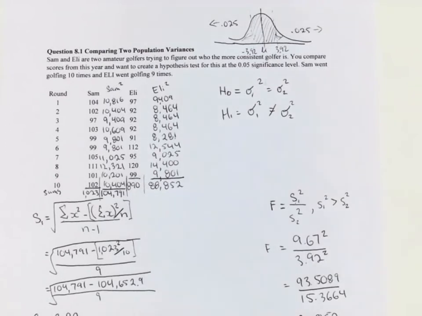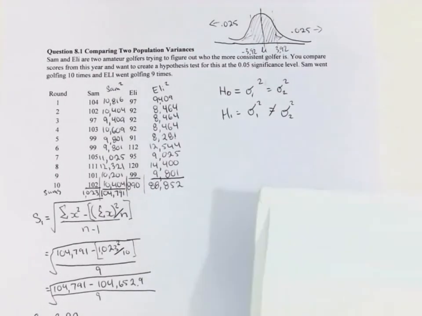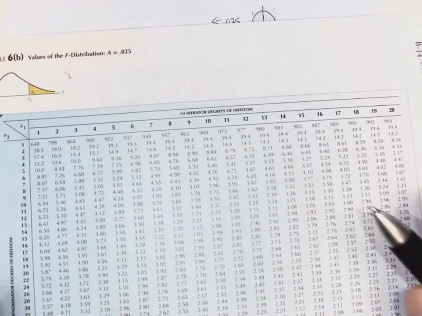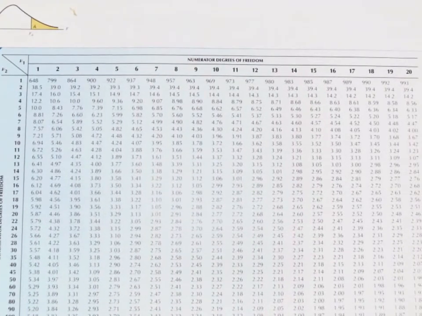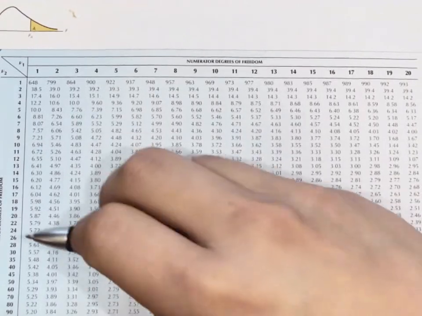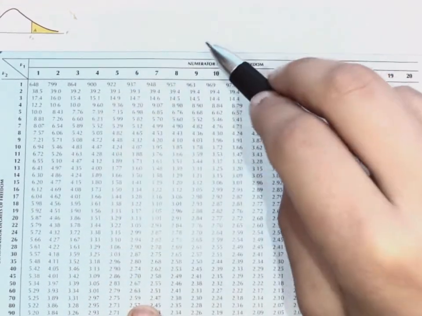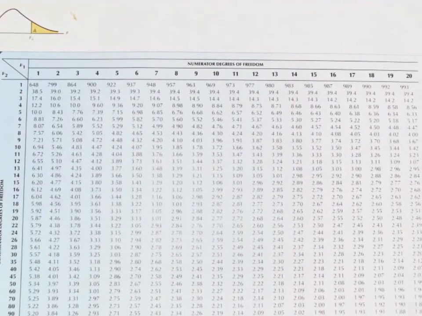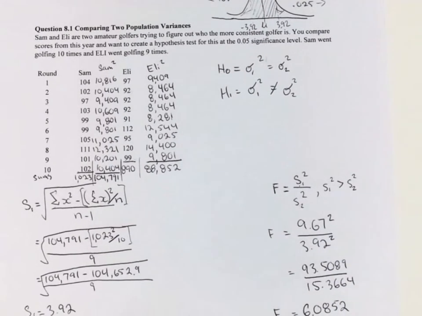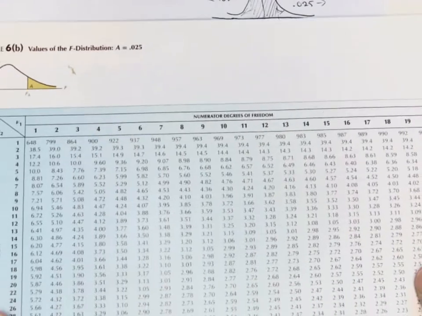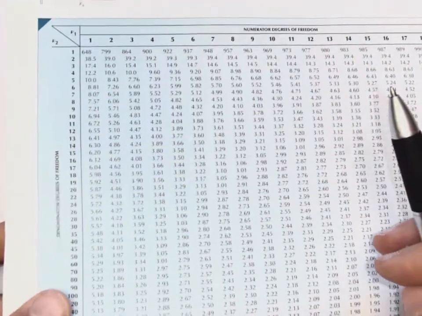So when we have a look at our F distribution table, we're going to use the 0.025. Now, they ask for two different degrees of freedom in your F table, and in this scenario, when you use the F score, your degrees of freedom are n minus 1. So the numerator degree of freedom is on the top side of the table, and the denominator is along the left side.